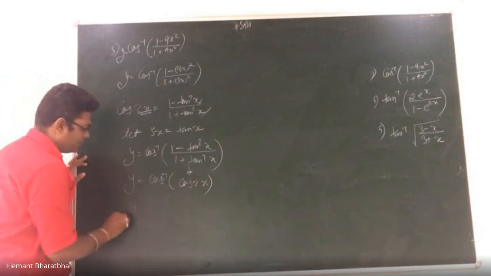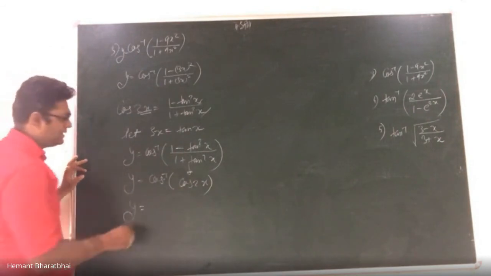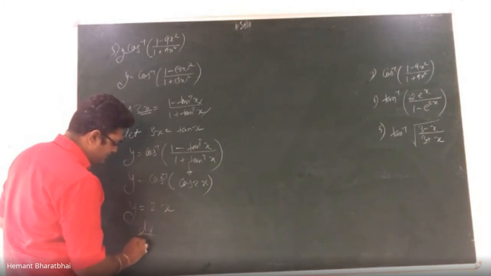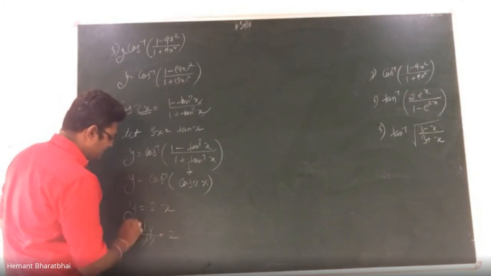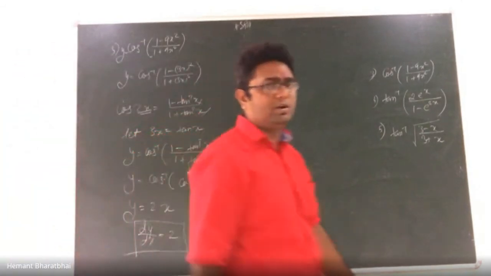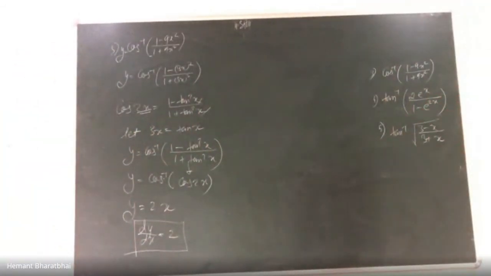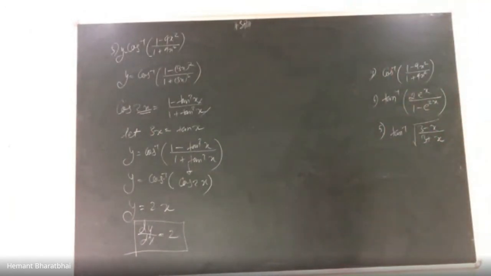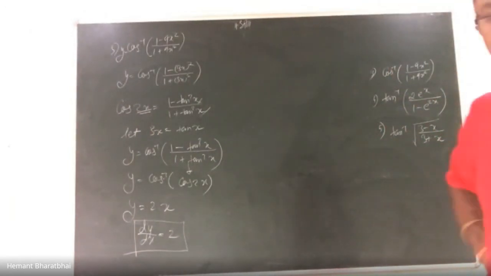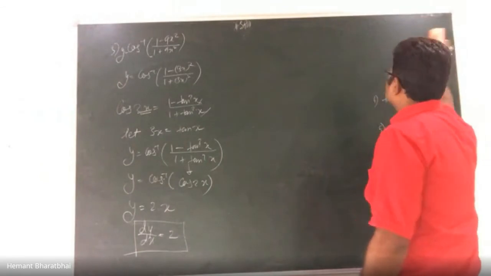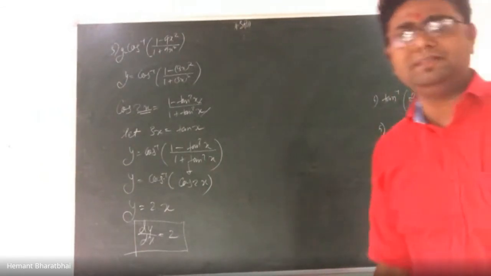Now cos inverse and cos got cancelled and only 2x remains. So now the derivative became much simpler, and the derivative of 2x will be 2. Hence the derivative of cos inverse of 1 minus 9x square upon 1 plus 9x square is nothing but 2. So ones which used to look very complex can be made easy just by using trigonometric formulas.